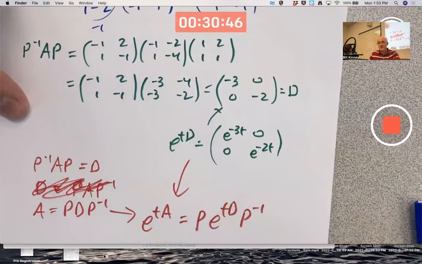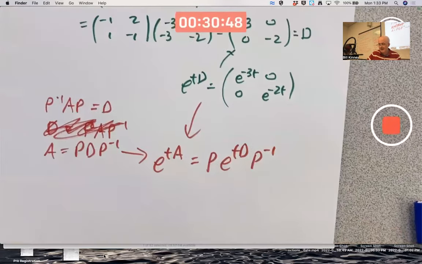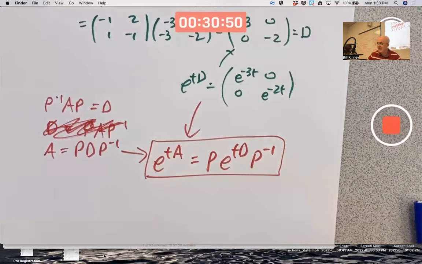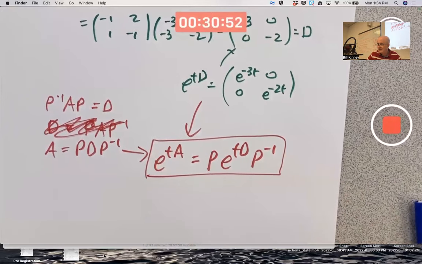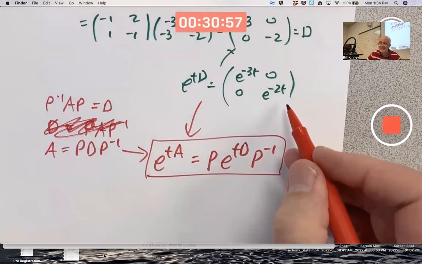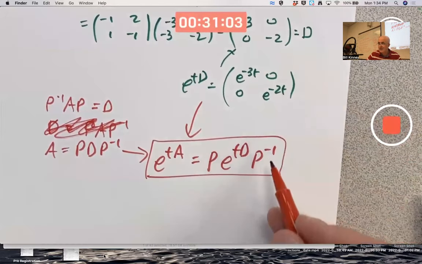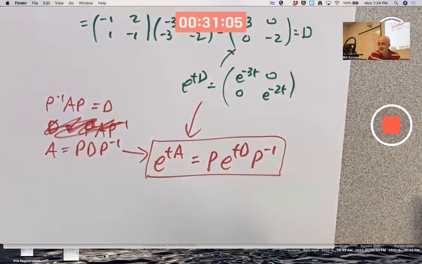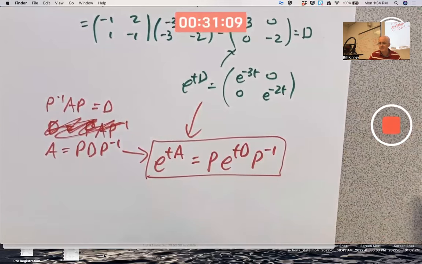This is a super useful thing, allowing you to compute the matrix exponential of A using the diagonal matrix D, whose matrix exponential we can find very easily. So far with matrix exponentials, we're only using technology. Here's the key to doing it by hand. How is this related to flows?